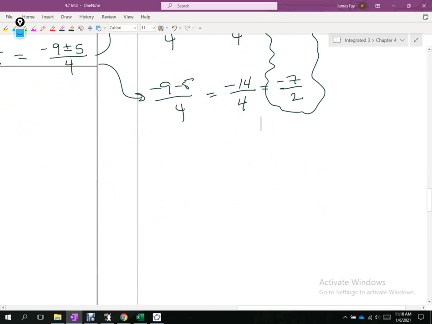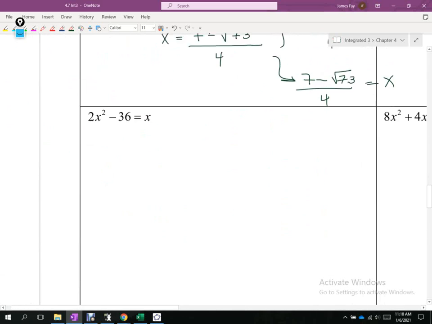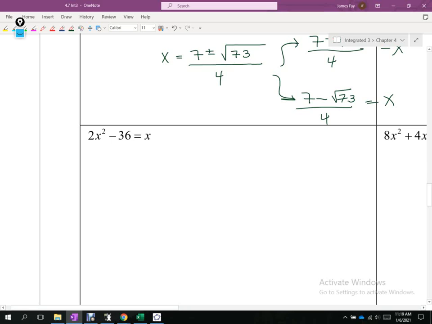Okay. What about, and I know I've got some others here. Give me 1 second real quick. All right, let's cross this one out and replace it with x squared plus 4x plus 5 equals 0.